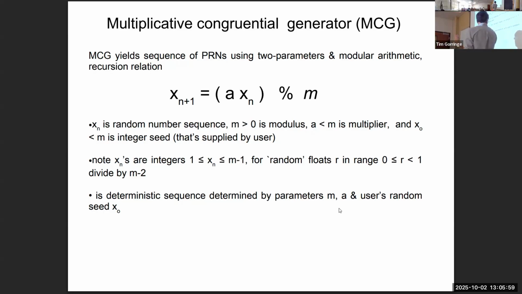So it's a deterministic sequence where, with the right choices of m and a, we can make this deterministic sequence look like a rather chaotic, pseudo-random sequence of numbers. So that's the goal, and that requires the right choices of a and m. The wrong choices of a and m will not create a sequence of random numbers. The right choices of a and m can create a reasonable sequence of pseudo-random numbers.